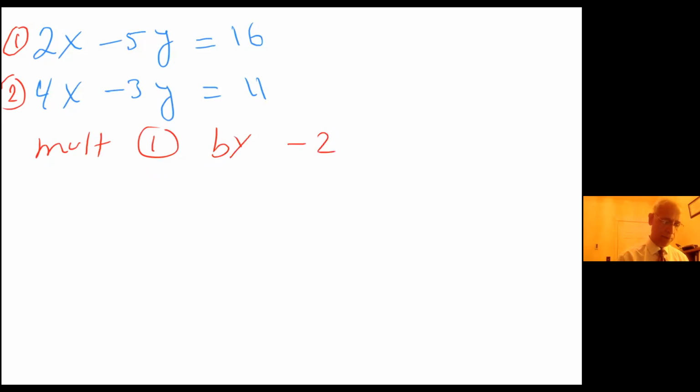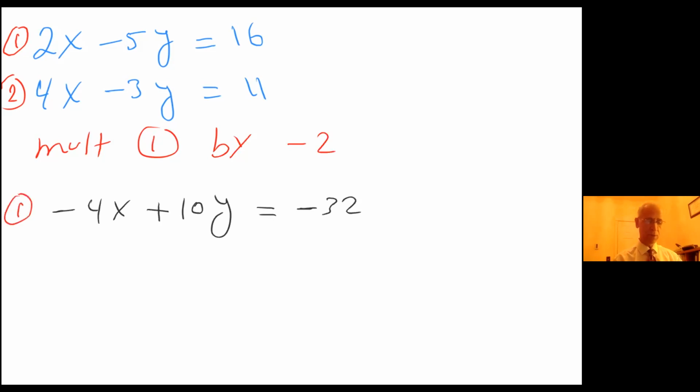So if I multiply the first one by -2, 2x times -2 is -4x, -5y times -2 is plus 10y, and 16 times -2 is -32.